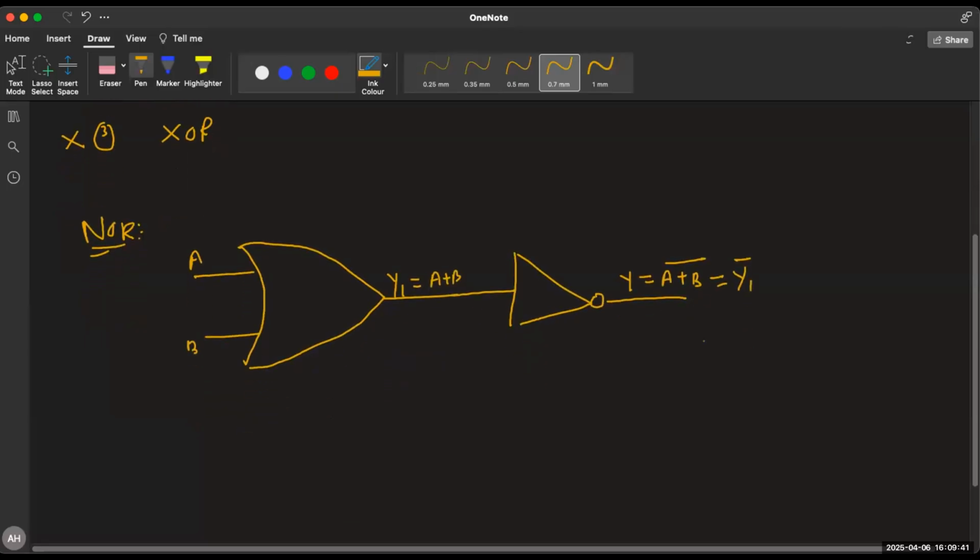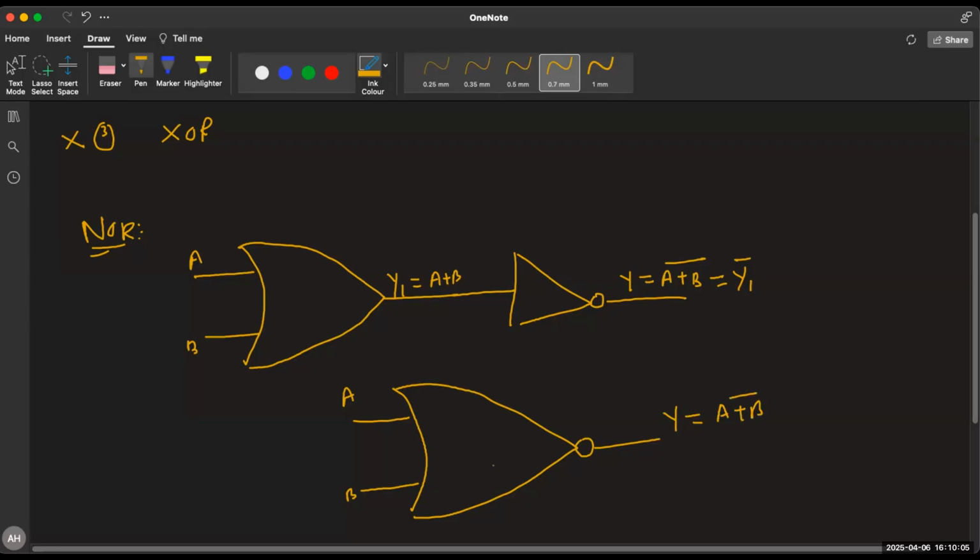This is your NOR gate. You can draw a shorthand symbol also. This is A, this is B. You put this bubble here, which represents the entire NOT gate, and you get Y, which is (A or B) bar. This is the shortcut notation.